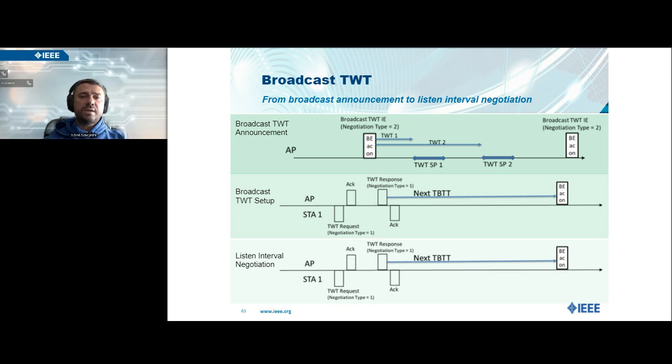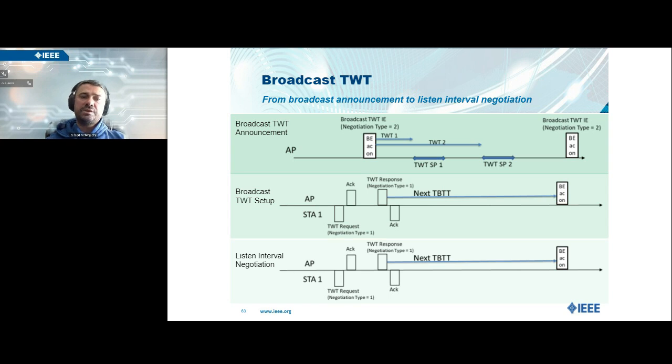There is also a sub-mode under broadcast TWT, which is the negotiation of a listen interval between the station and the access point. So traditionally, the listen interval is specified by the access point in multiples of beacon interval, to tell that, okay, I'm expecting you to wake up every, for example, 5 beacons to read any information that I'm providing in the beacons.